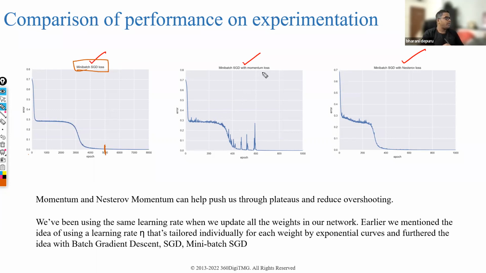But when you use mini batch SGD with momentum, in around 600 epochs, you could reach the minima. When you use Nesterov Momentum, in approximately 400 epochs, you could reach it. That's a huge improvement. So you can train your model very fast if you use Nesterov Momentum.